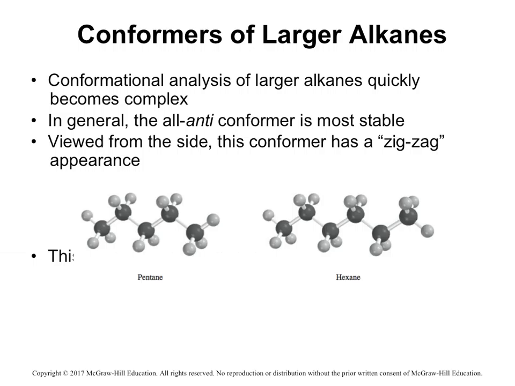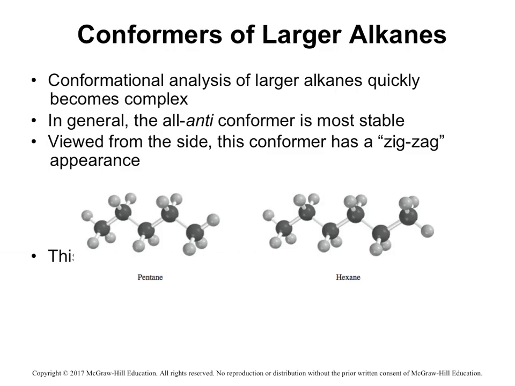So why do we actually draw it? This is the reason why, like with pentane here, we draw it kind of zigzaggy looking like that: that way you can be all anti.